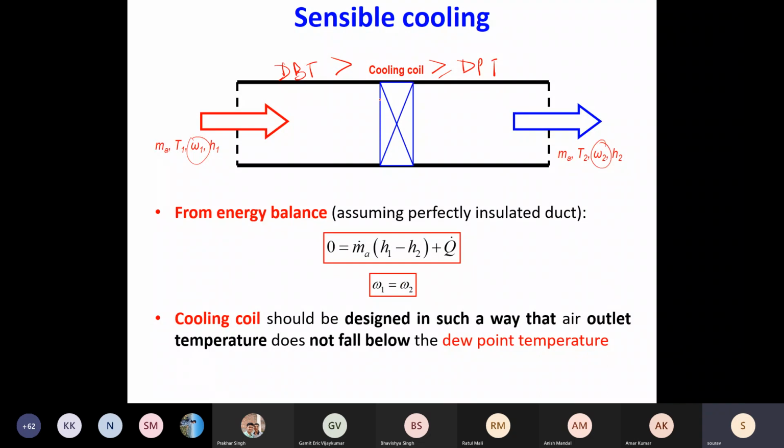And now you can apply your first law equation, taking this as your control volume: Ma dot H1, the inlet enthalpy, minus Ma dot H2, the exit enthalpy, plus Q dot, the heat transfer from the cooling coil. Okay, and then omega 1 equals omega 2. So these two, if you simultaneously solve, you will be able to obtain the condition at the exit.